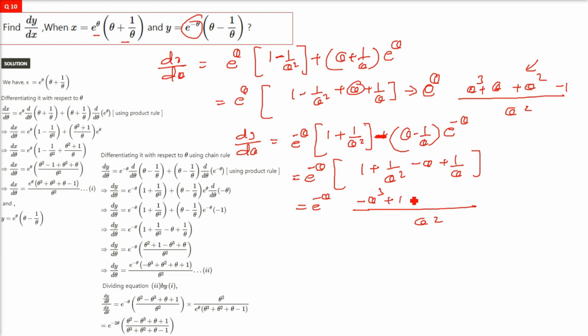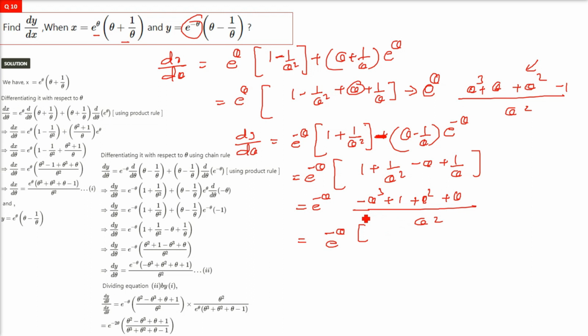I would again encourage you to write it in ascending or descending order. That is always better. So you can write minus theta cube plus theta square plus theta plus 1 also.